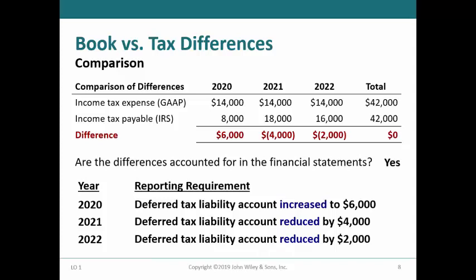We will account for the differences by recording a deferred tax liability of $6,000 in the first year and then reversing it by debiting it in the second and third years. By the end of the third year, the differences are completely reversed.